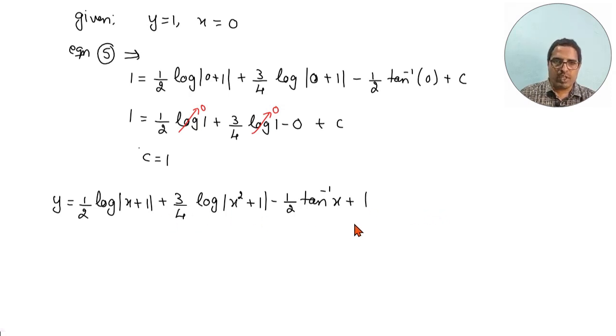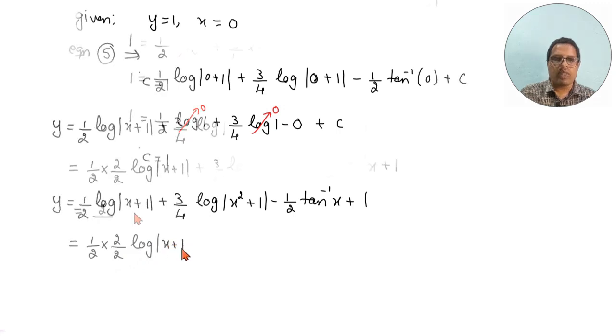We can simplify this further. If you try to observe, there are two terms which have log. So let us group these log terms. But here you have the denominator as 2, and here you have the denominator as 4. So let us make the denominator common so that we can simplify this. Since I want to make the denominator 4, multiply and divide by 2.